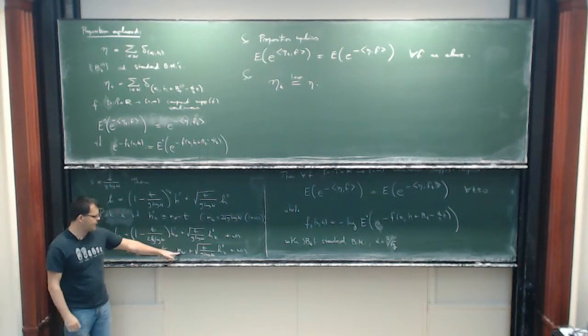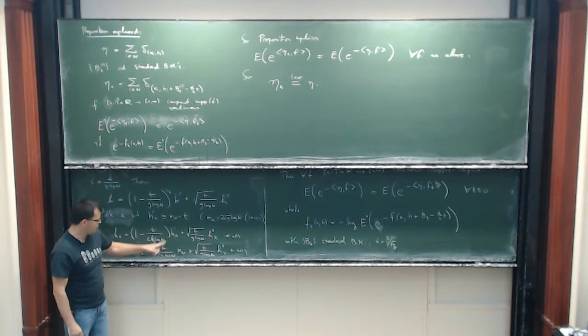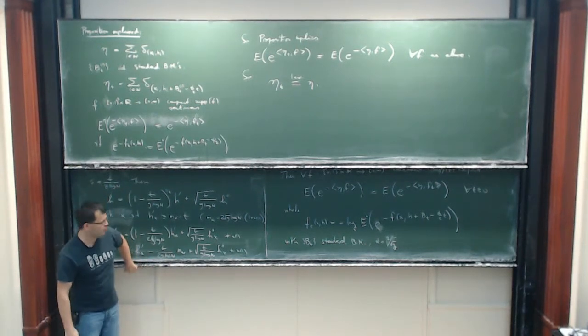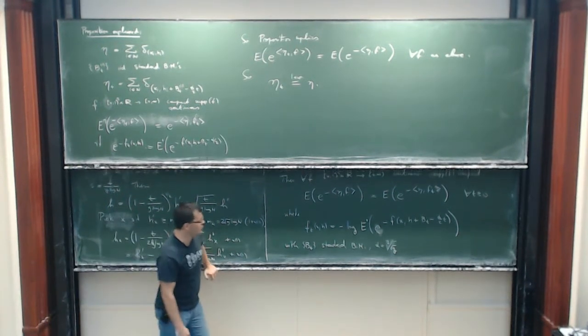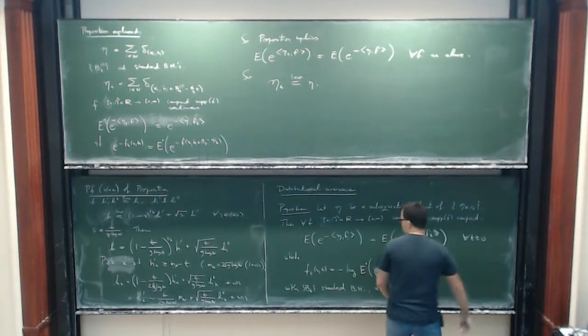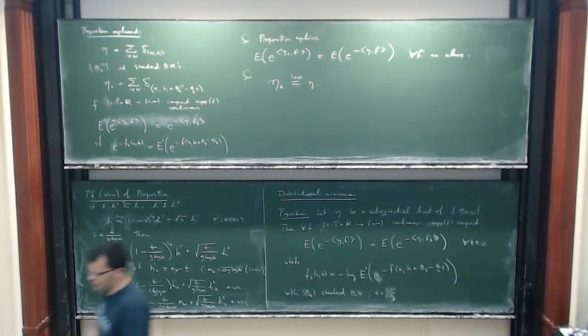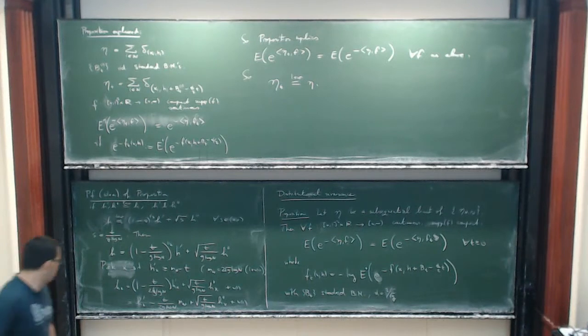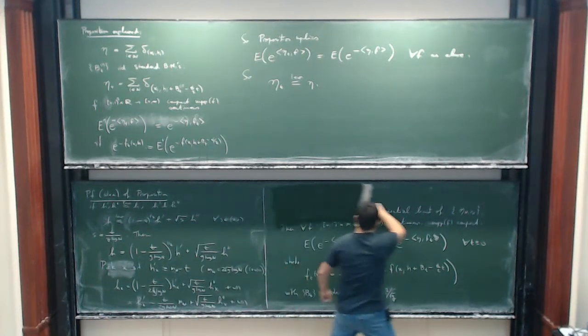Again, I drop the term t over log n, which is of vanishing order. So far, all of these are of order 1 over log n.